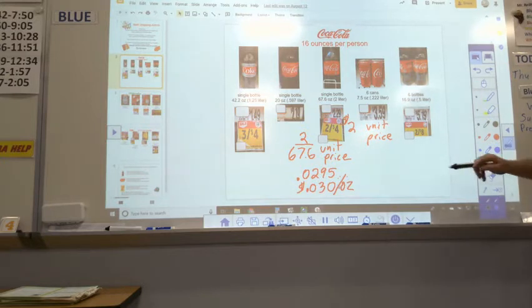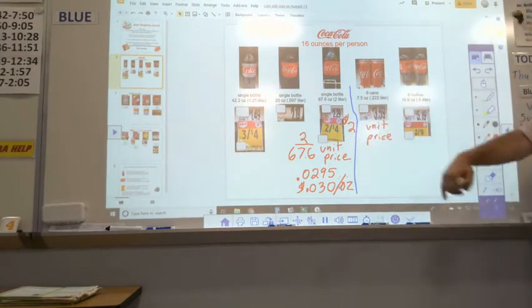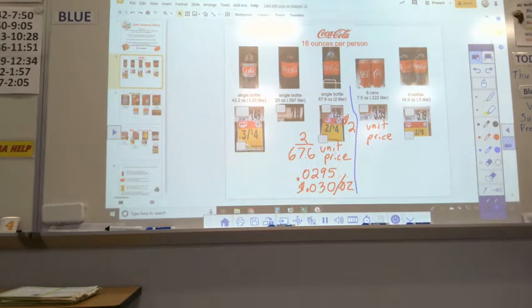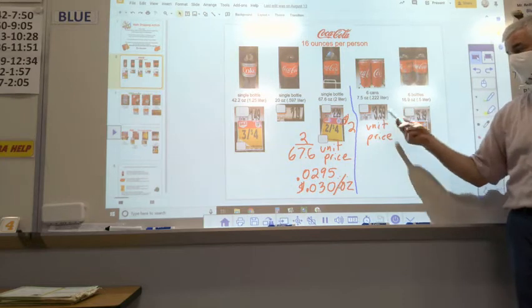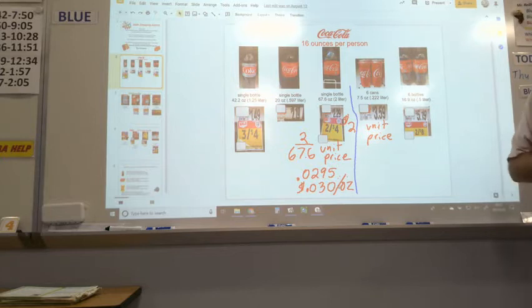The 6-pack says it's 6 cans, and each can is 7.5 ounces. Each can is 7.5 ounces, and it's a 6-pack, and it costs $3.59. Is that what you got as your final answer? Why would you do 6 divided by 7.5? What's that going to give you?